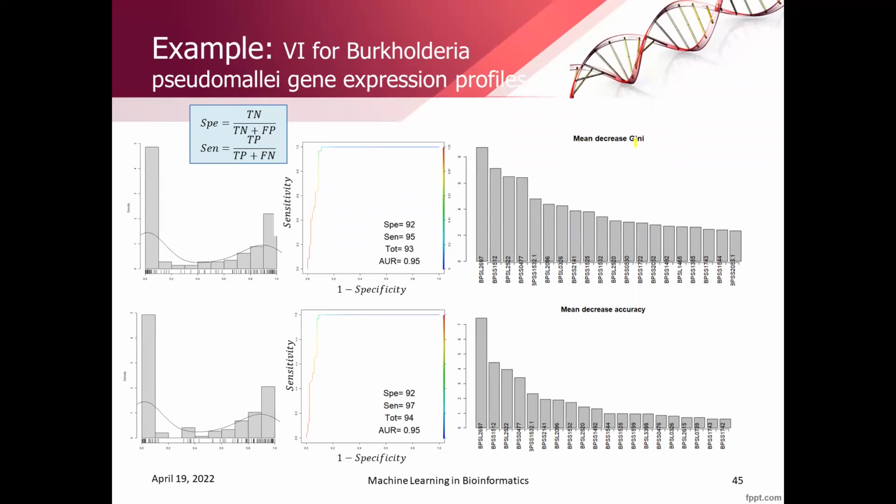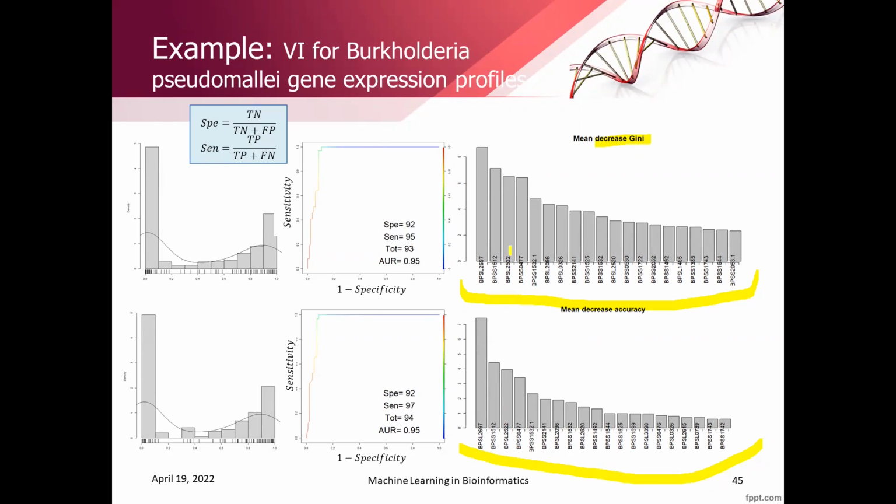So using the decrease of Gini, we obtain this sequence from the variable with highest importance in the direction of lowest importance, and at the bottom it's similar ordering according to the variable importance computed by the mean decrease of accuracy.